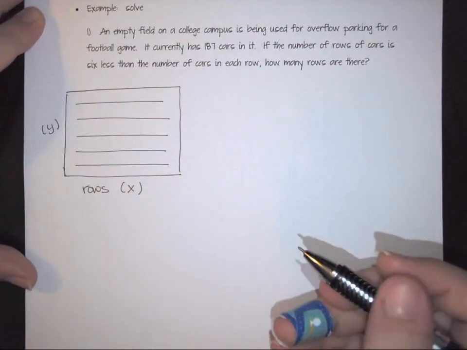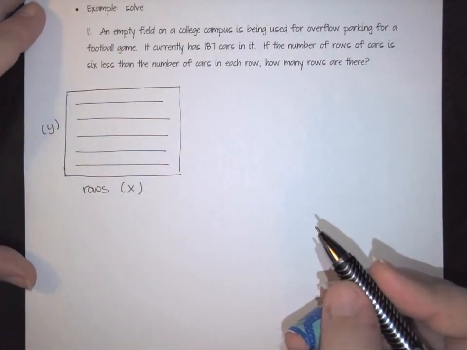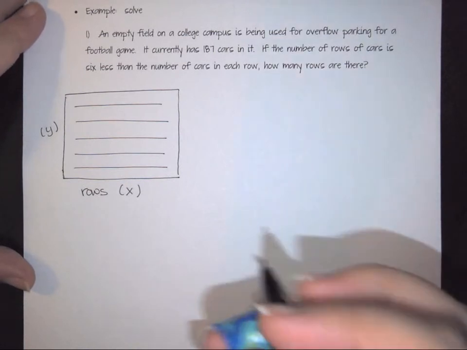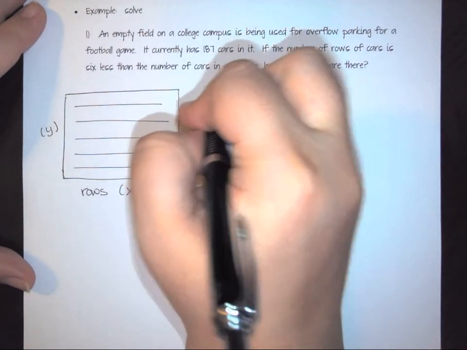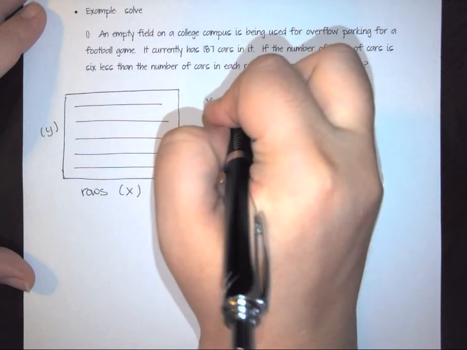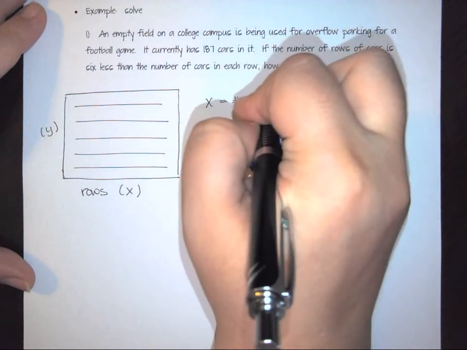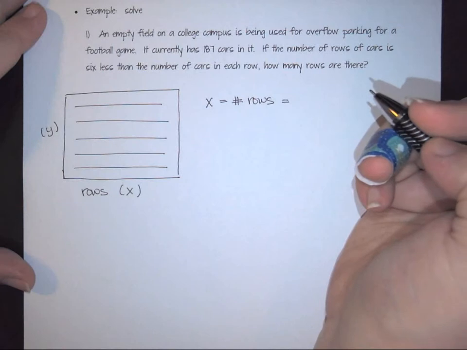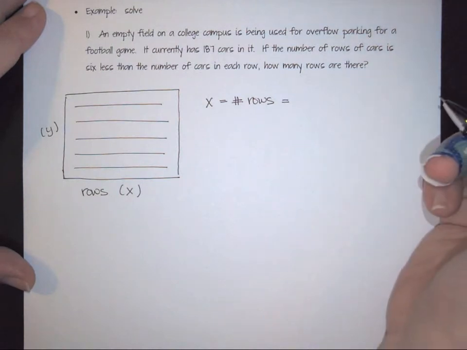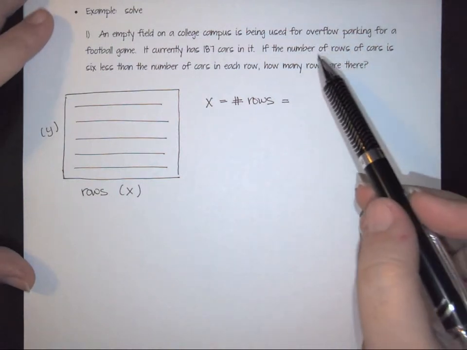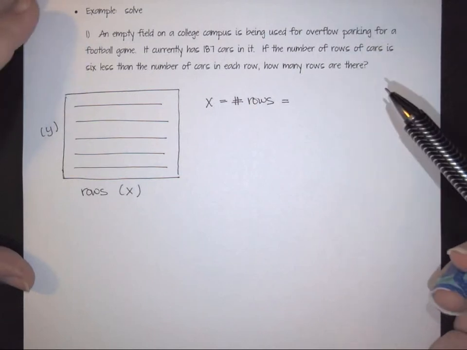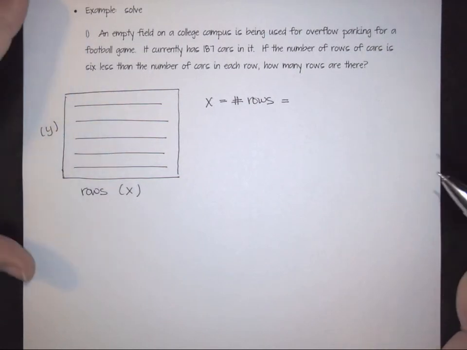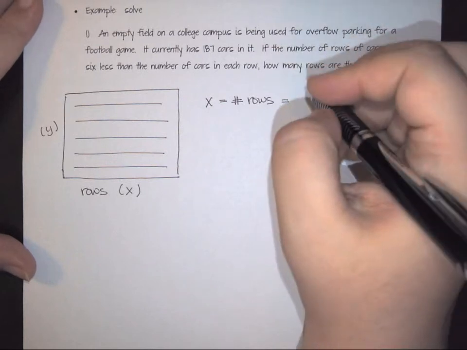So the information that our problem is giving us is that, let's say x is going to be the number of rows that we have. Well, we are told that the number of rows is 6 less than the number of cars in each row.